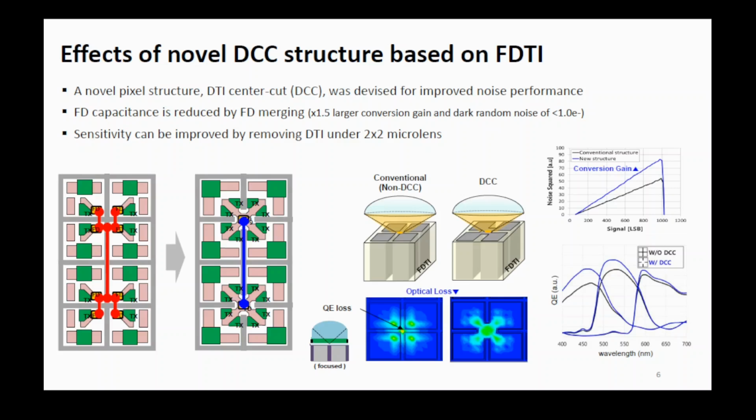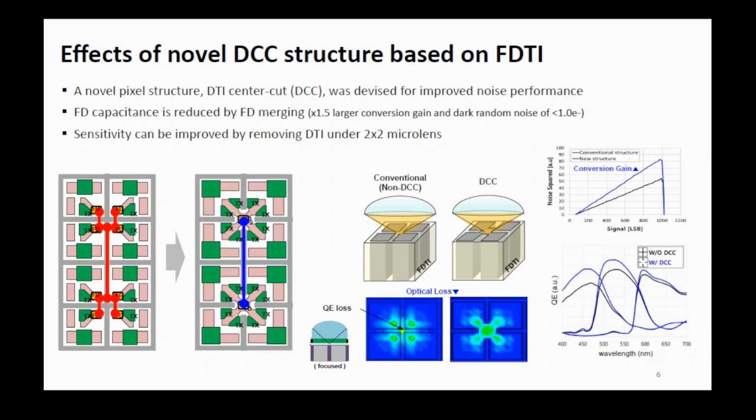Here two pictures are compared together: the previous structure, and this is the DCC structure. The FDTI surrounds one single pixel perfectly, so it is inevitable that the four FD regions are physically separated.